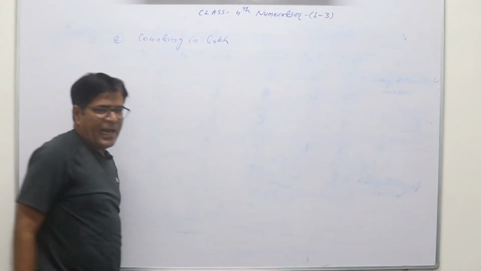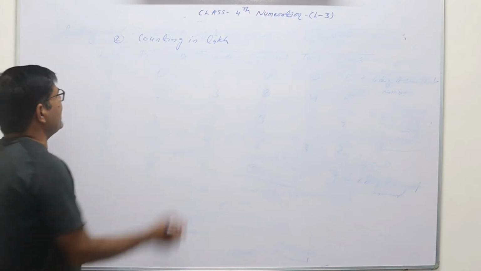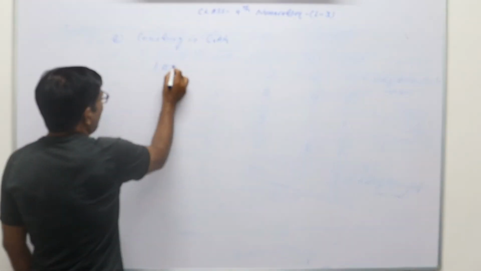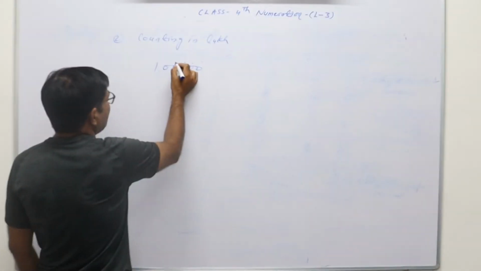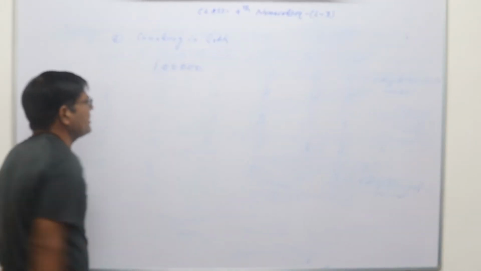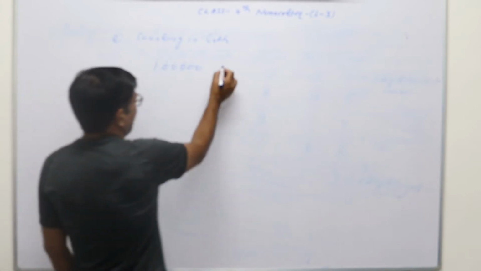So if we have to write 1 lakh, then how will we write? 1 followed by 5 zeros. Ones, tens, 100, 1000, 10,000 and lakh. So this is 1 lakh.